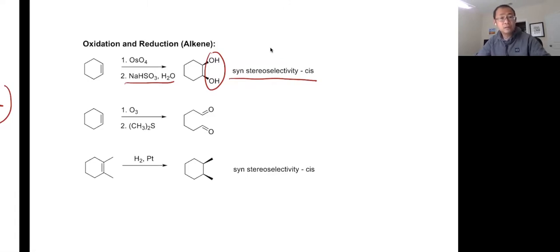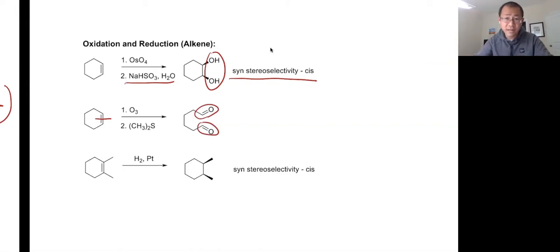The second oxidation is treating an alkene with ozone, followed by reduction with dimethyl sulfide. We can cleave the double bond and generate 2 carbonyl compounds. Of course, this is a cyclic alkene, so after cleaving the double bond, we get a dialdehyde because we have 2 carbonyl groups.